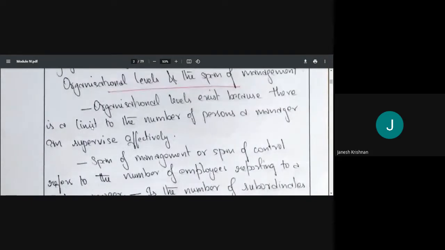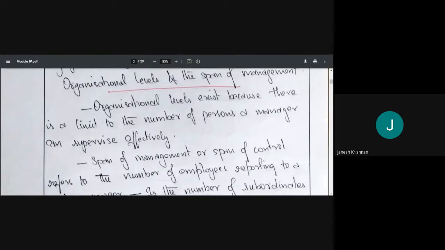So what is organization level? We will have different levels in the organization. As we said earlier, we have top level management, middle level management, lower level. There will be levels in management because there will be managers and there will be employees whom they have to look into.